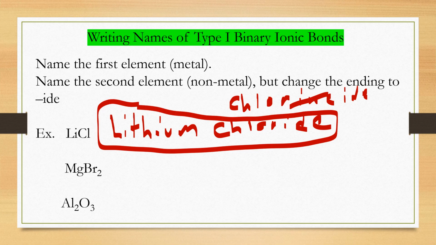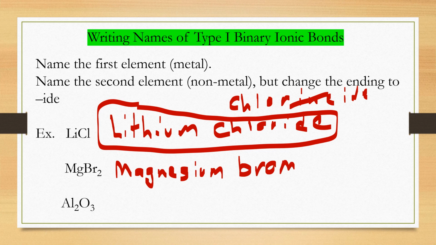Let's look here, MgBr2. Well, for binary type 1 binary ionic, we don't need to worry about the 2 because that is how we get the formula, so you don't have to worry about that right there. Again, we're going to name the first element, magnesium, and we're going to take the second element, which is bromine, and we're going to change the ending to "ide."